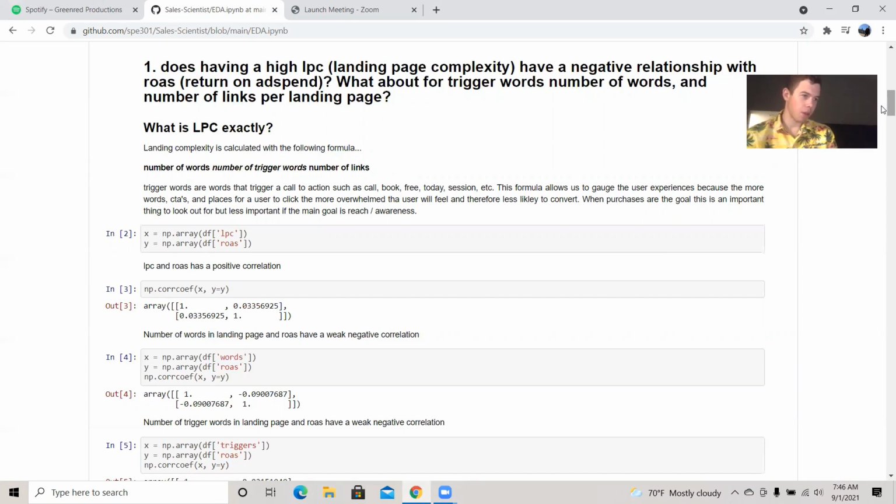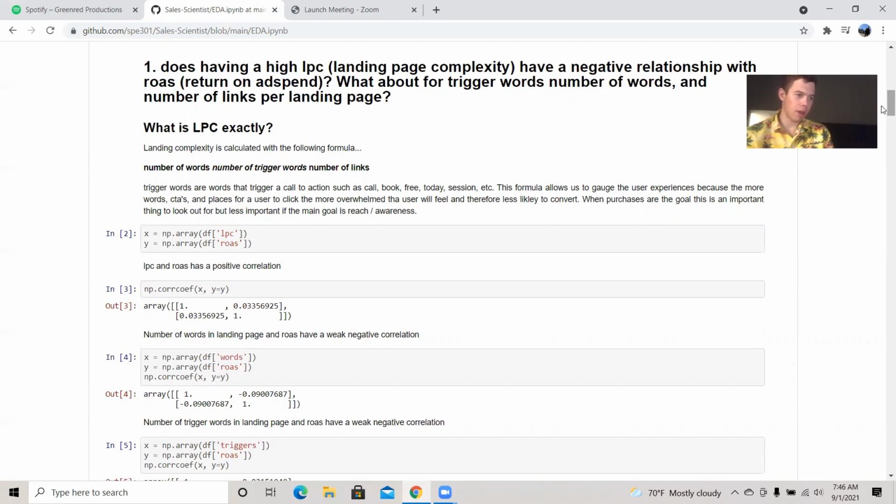I came up with this formula called landing page complexity. Basically, the higher the score is, the more overwhelmed the user will potentially feel from looking at it.